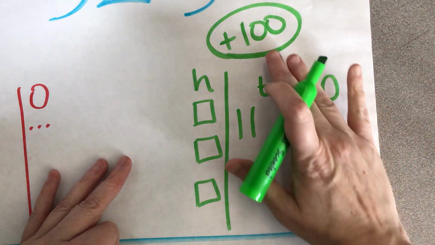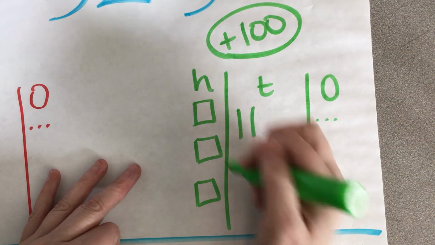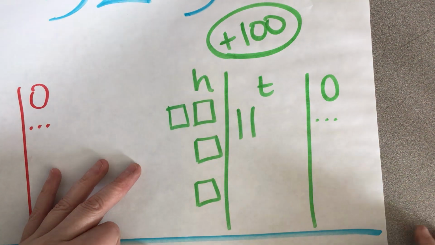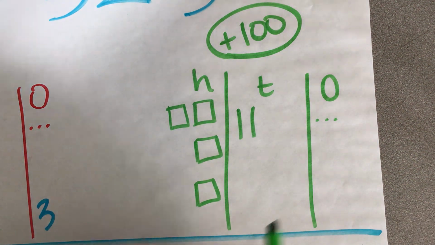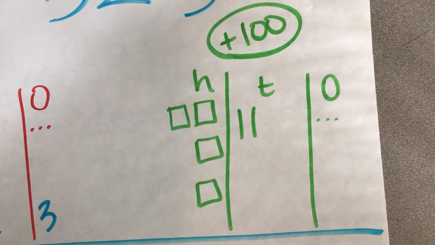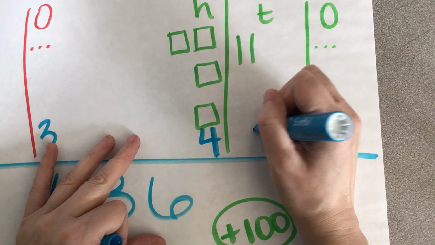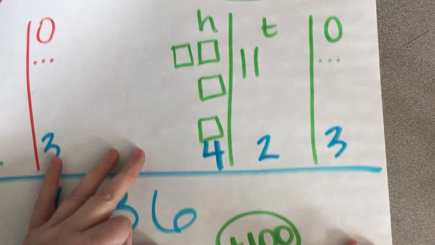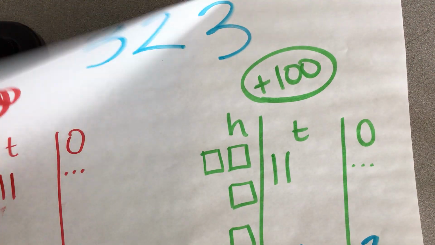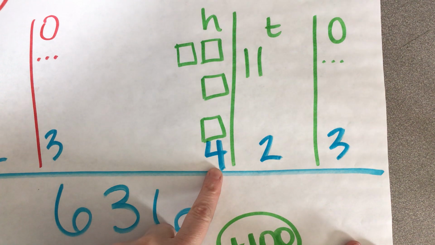Okay? Here I'm going to add 100. So I'm going to add 100 to the hundreds I have, and now I have 4 hundreds. So my new number is 423. So I started with 3 hundreds, I added 1 more, and now I have 4.